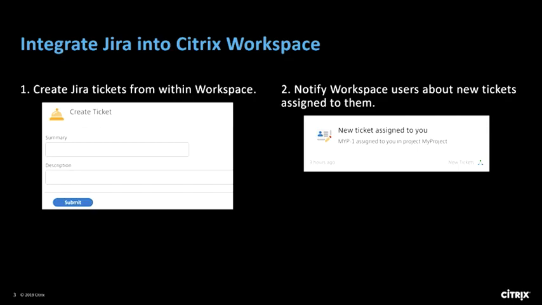For Jira, we're going to implement 2 use cases. One we have roughly just seen: we will allow the creation of tickets. The second use case is that we will notify Workspace users about new tickets that were assigned to them. Each of you will build this individually on your own laptop.